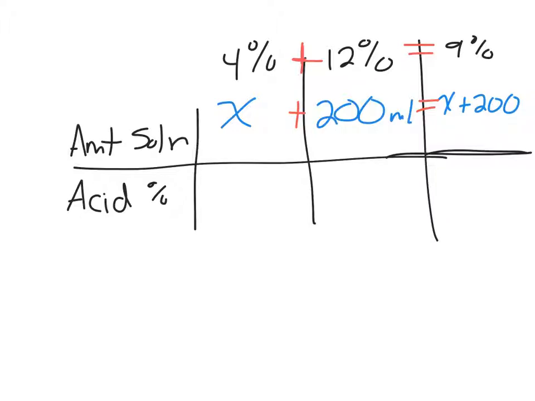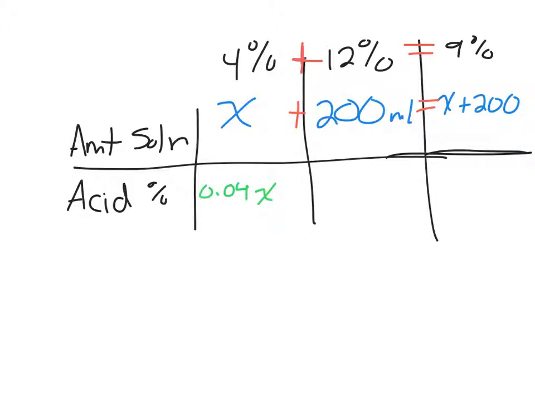But to get the linear equation from this, we have to incorporate those percentages. For that first one, since that's a 4% solution, we're going to write that as 0.04 times X, because we're just multiplying it by what we're calling the 4% solution, X, which is what we're trying to solve for.